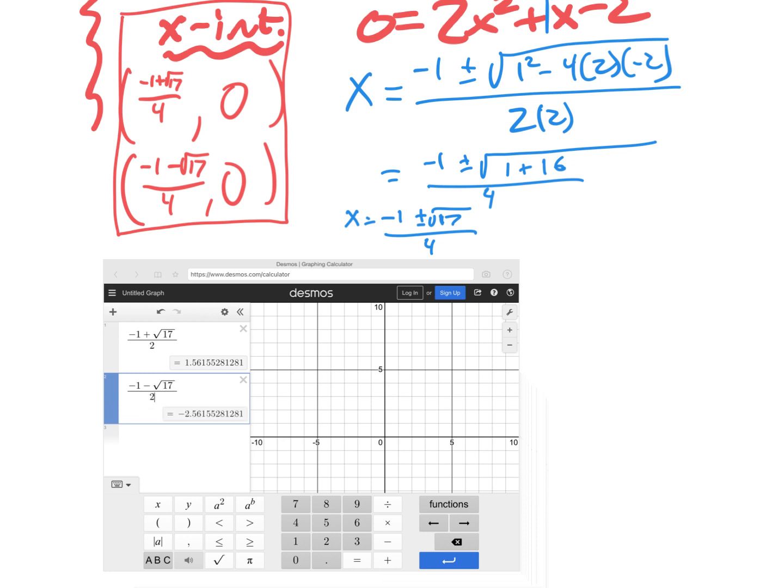That's going to give us negative 2.56. And so that's where it will cross the x-axis.